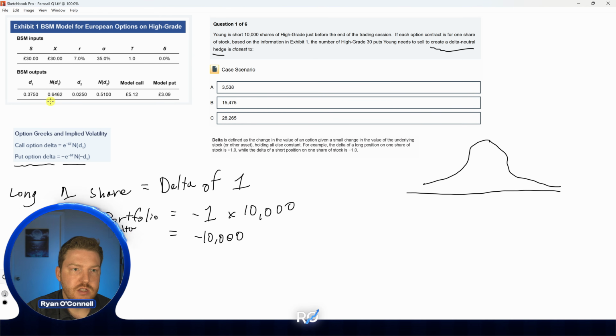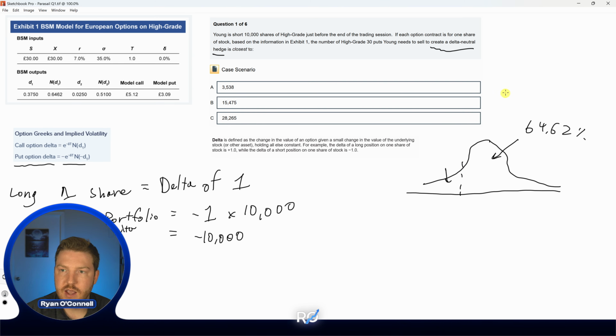So if N(d1) is saying that, let's say we chop it off right here, and it's saying that 64.62%, I'm grabbing that from right there, of the observations fall onto this side of this line, of this probability of an option being exercised, then N(-d1) should just be what's left over. What's the rest of the possible outcomes?